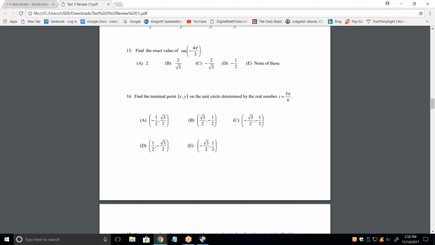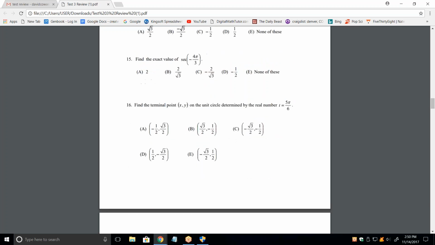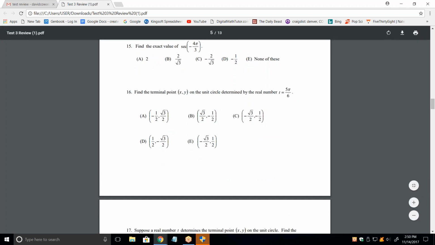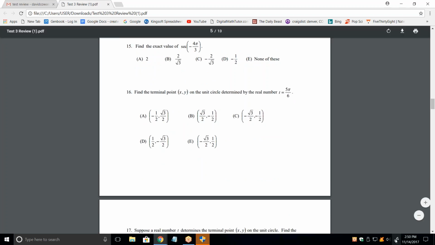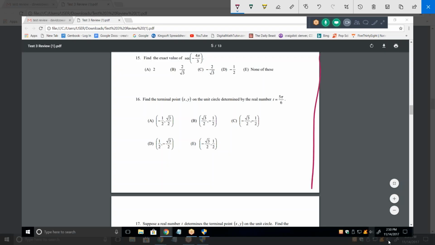It is +1/2. Here's how I know. First of all, I know that cosine is the reciprocal. And where is that?